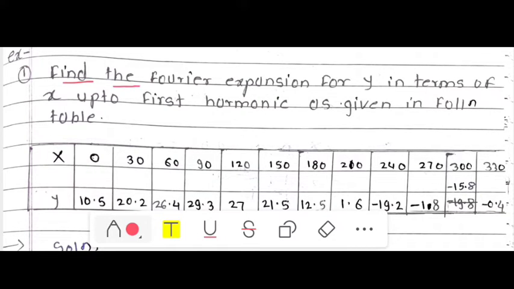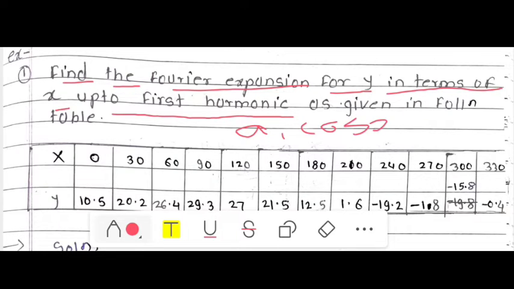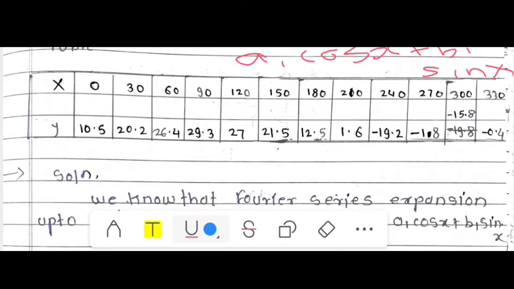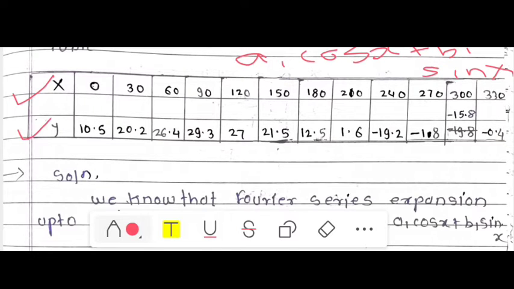Find the harmonic expansion for y in terms of x up to the first harmonic, that is, we determine a1 cos x plus b1 sin x, as given in the following table. To find the first harmonic, we are given the values of x and y.